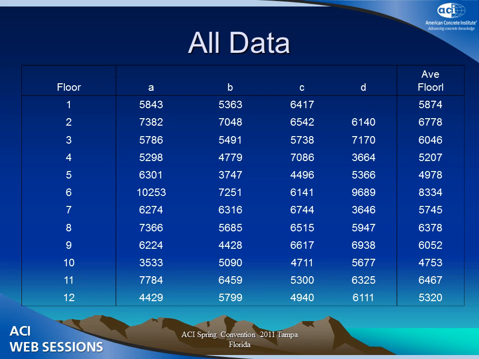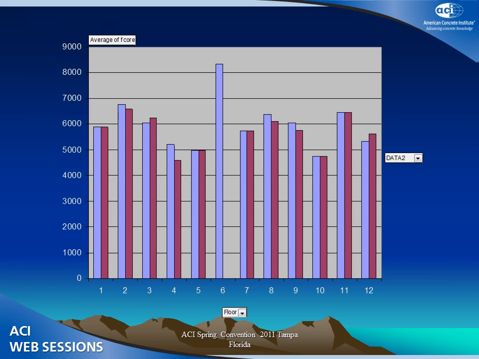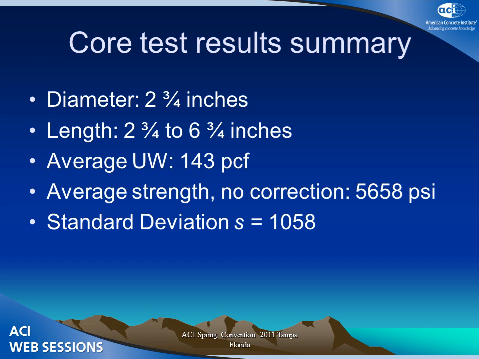And I'm not sure what happened to that guy. But this data looks like it's fairly consistent. And here's a chart. The blue color there, the lighter color, is the average of all the cores by floor. And then the cores that were remaining after we were done. So you can kind of see we biased the data to the lower side as far as the average goes.